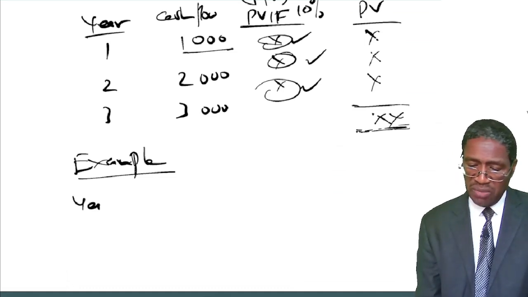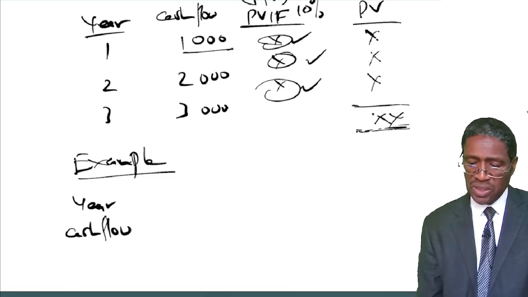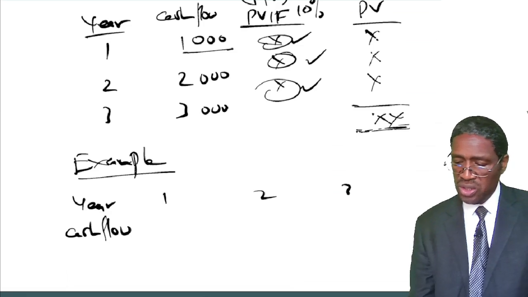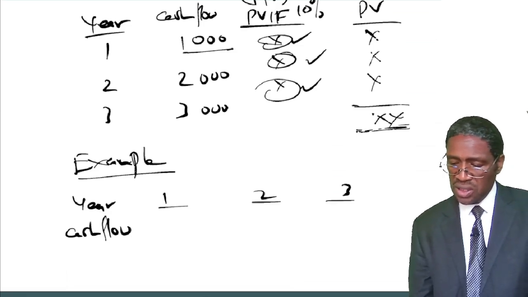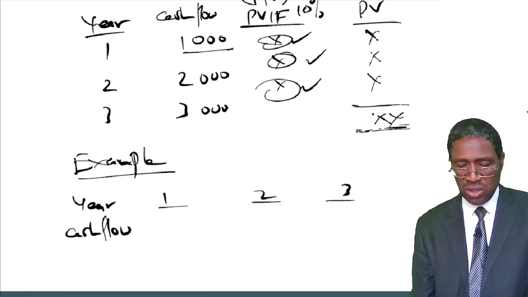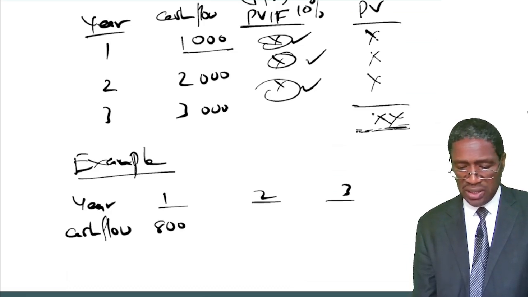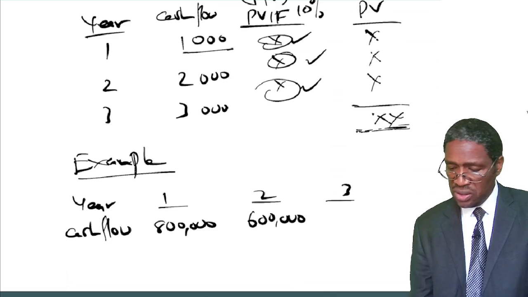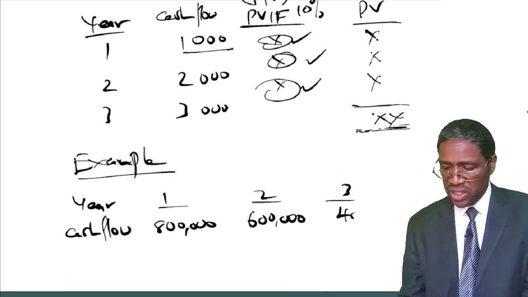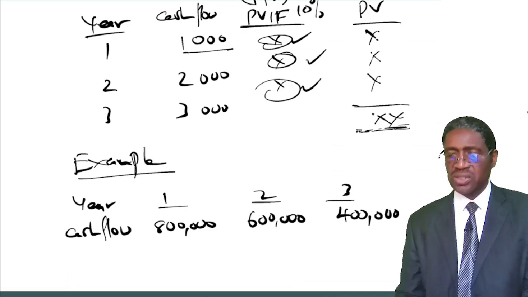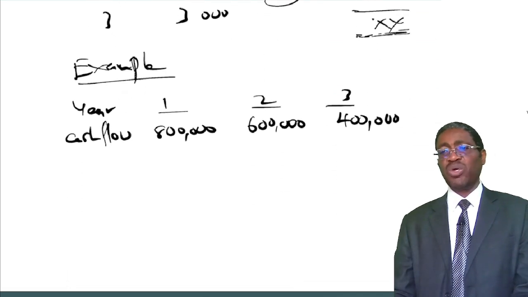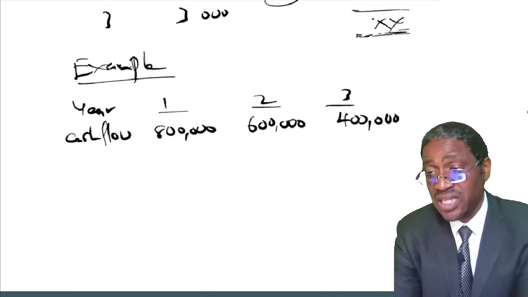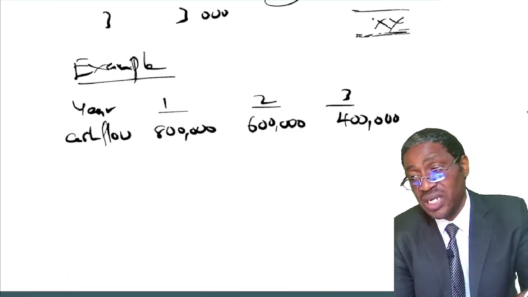So you have the table, a column for the year and a column of the cash flows: year 1, year 2, year 3. This is the data the question is giving you. Our cash flow here is 800,000, here it's 600,000, and the cash flow in the third year is 400,000. That is the cash flow we want to discount to get the present values.